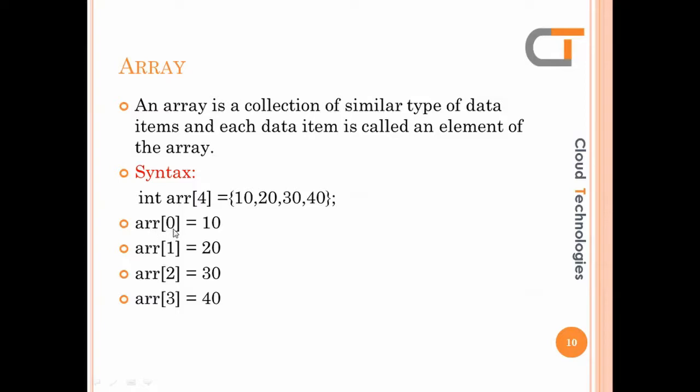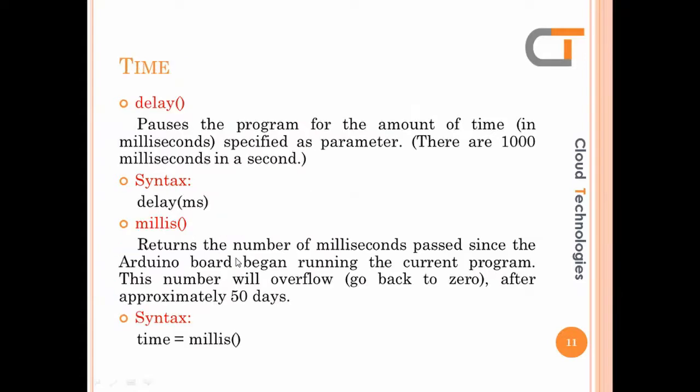So array of 0 gives the first integer value 10, then array of 1 is 20, array of 2 is 30, array of 3 is 40. Like this we can also use a character array or string array.